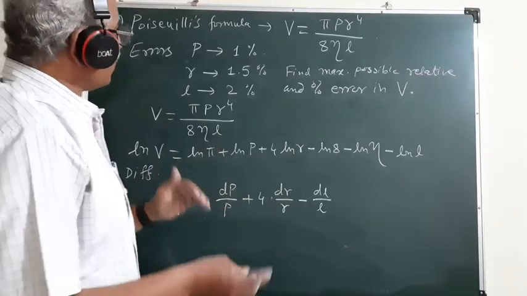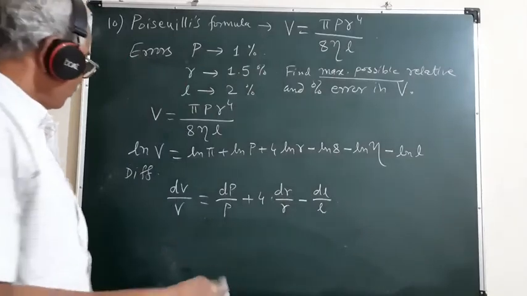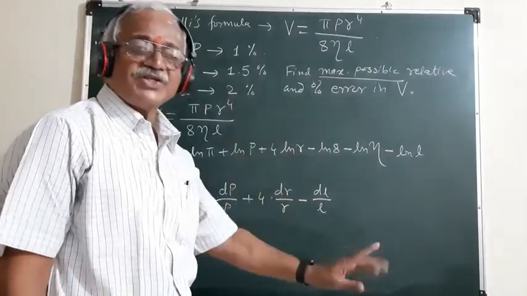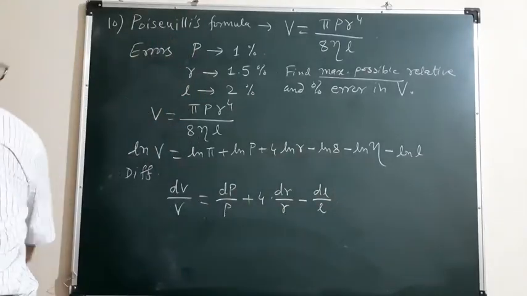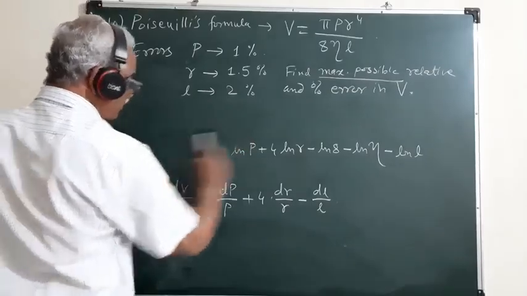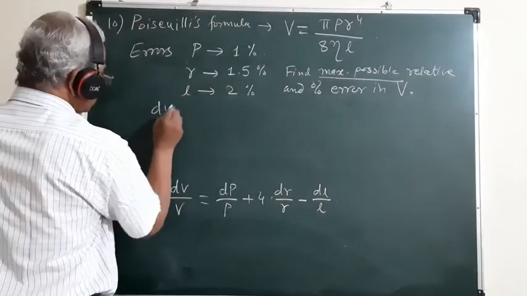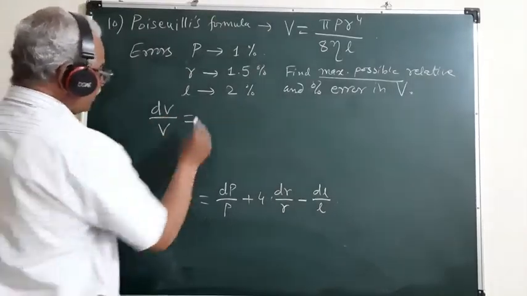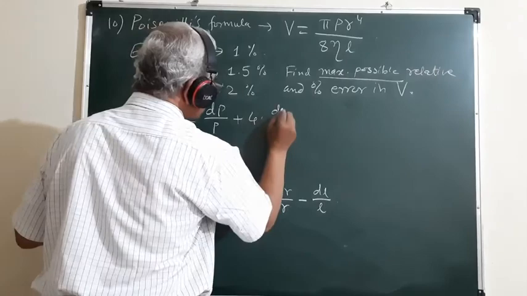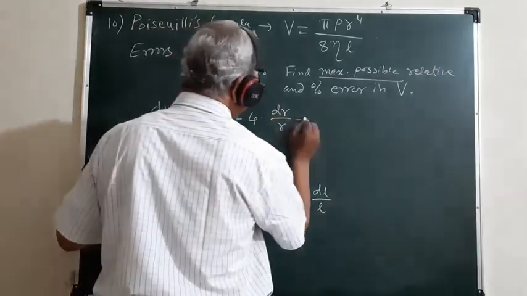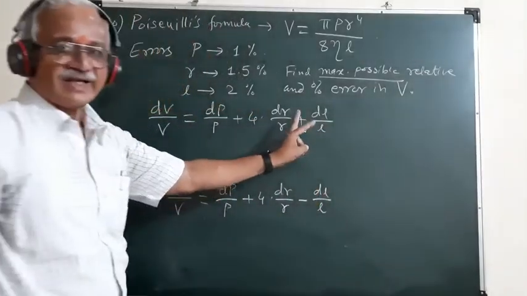Since we are asked to calculate the maximum possible relative and percentage error, we have to consider only the positive error in the measurement of length of the capillary tube, so that we can write the expression for the relative error in the measurement of volume rate of flow as dv by v is equal to dp by p plus 4 times dr by r plus dl by L. Remember why this plus sign is taken.